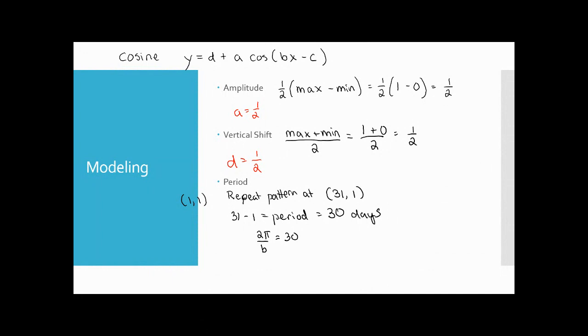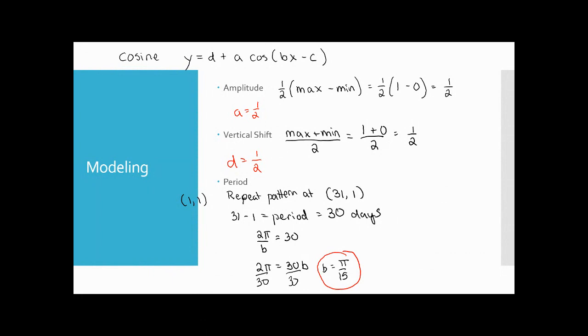If I multiply both sides by B, I get 2 pi equals 30B. And then I can divide both sides by 30, and I'm going to get 2 pi over 30. And then we want to reduce that, and that reduces to pi over 15. So all I had to do was solve that, and that gives me B. So B is equal to pi over 15.